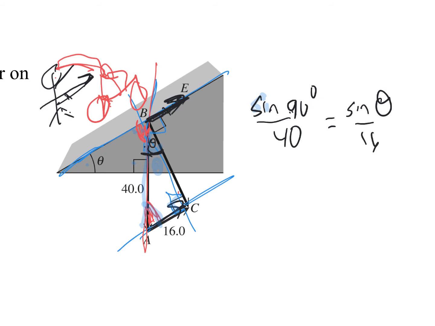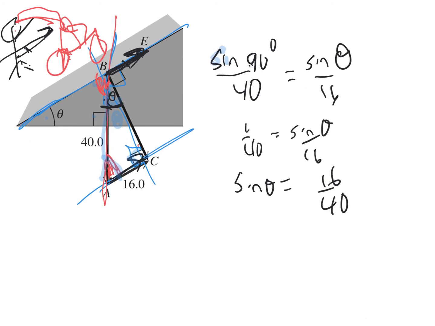Sine of 90 is 1 again, so 1 over 40 equals sine of theta over 16. So basically, sine of theta is 16 over 40. And so you're going to have to get the decimal number and do inverse sine.